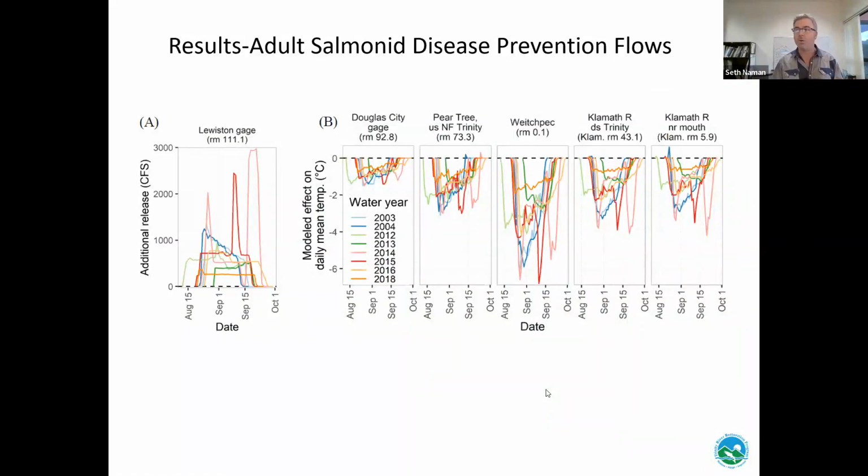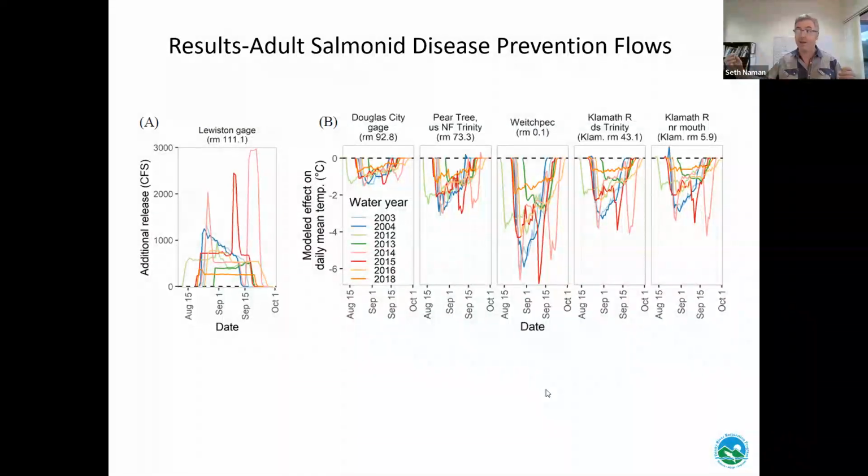As a lot of you know, there was a large fish kill in 2002, and since that time, managers have met and periodically prescribed flows for the lower Klamath River from the Trinity River in order to cool it off. And these are kind of the temperature effects from that. As you can see, right up by the dam by Douglas City, when you raise the flow, it doesn't drop the temperature that much because the ambient warming hasn't warmed it up.